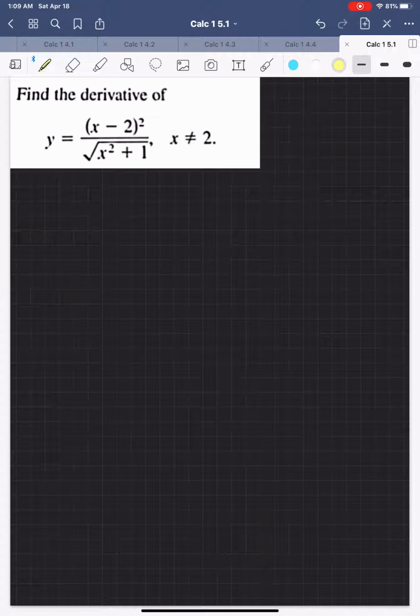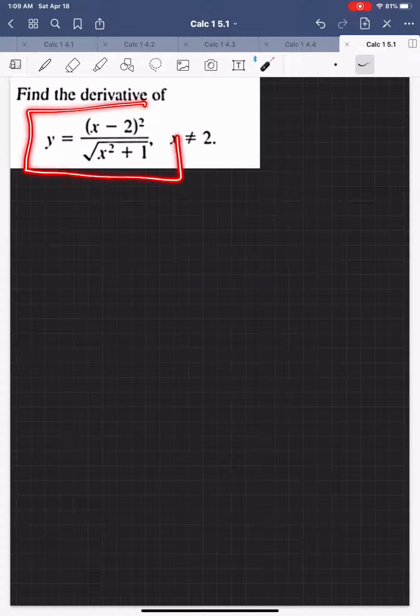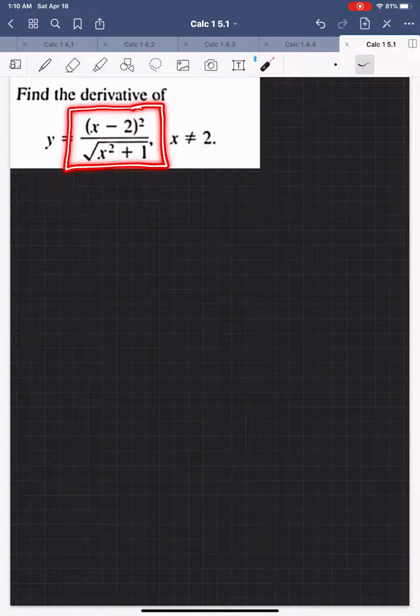Let's just stop. Do you see an ln anywhere in this problem? No, right? And do you agree with me that this looks like a complicated, or at least cumbersome derivative to have to go through?